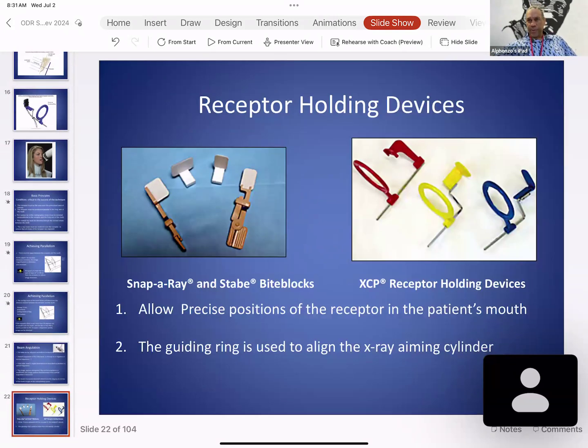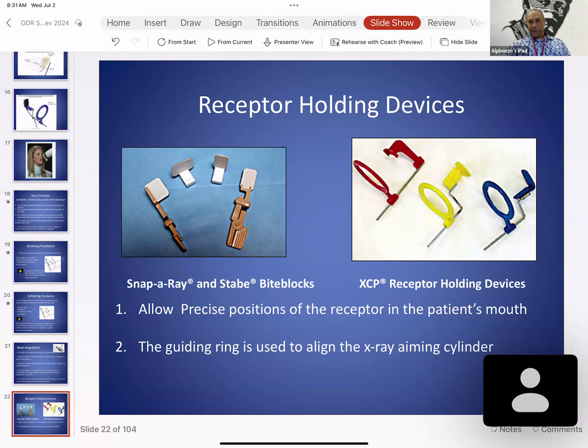Okay, these are the receptor holding devices. Of course, we're using sensors now, so all of these devices will hold sensors. These are actually film-based XCPs and what we call a snap array on the left. Snap array is a great device. When I was a student, that's all I took to radiology to take my imaging. XCP was pretty new 30 some years ago.